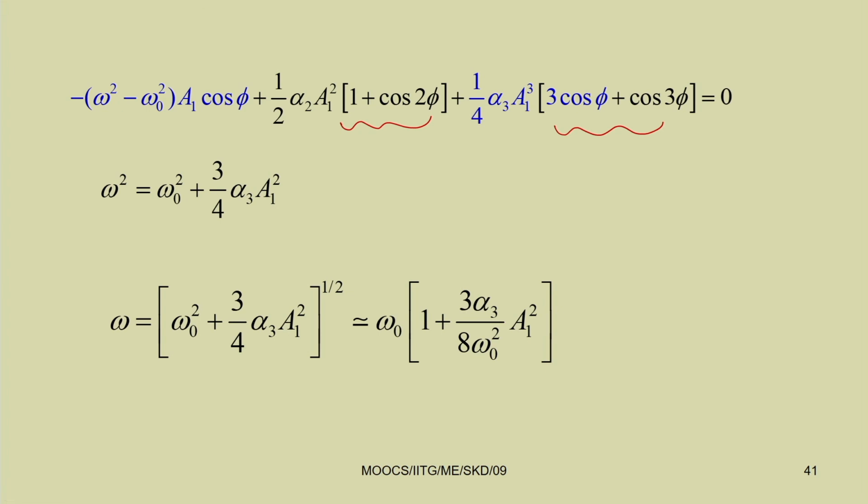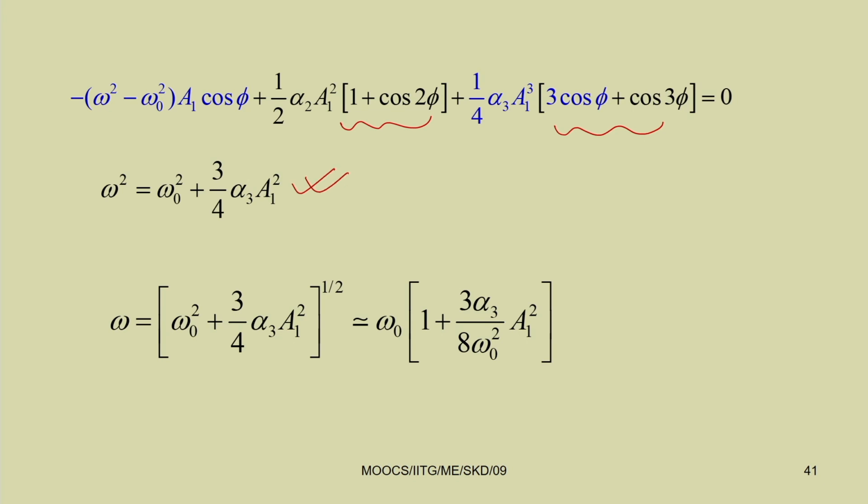If you collect the term with cos phi, this becomes minus omega square minus omega 0 square a 1 plus 1 by 4 alpha 3 a 1 cube into 3 cos phi. And the coefficient of cos phi, if we are substituting equal to 0, then we can get this expression.